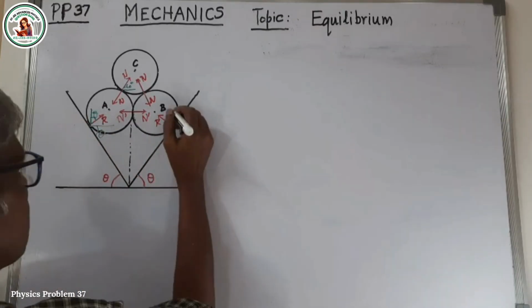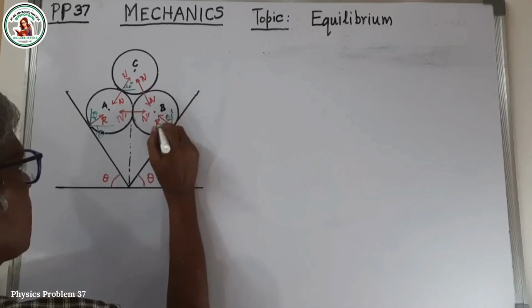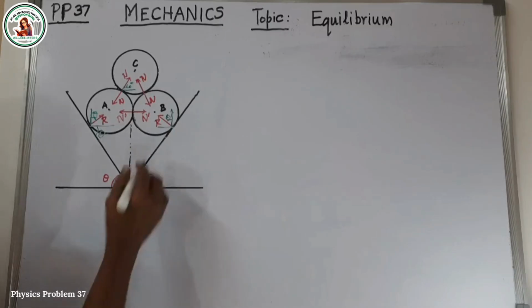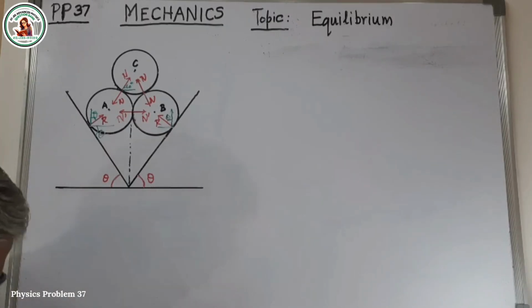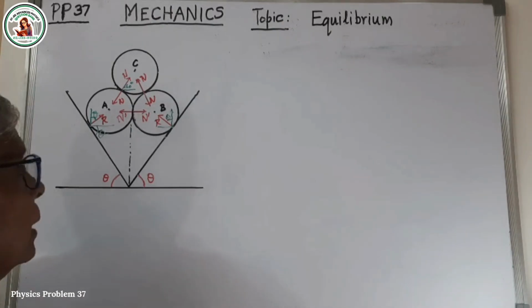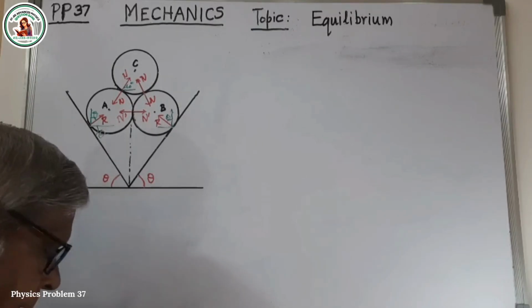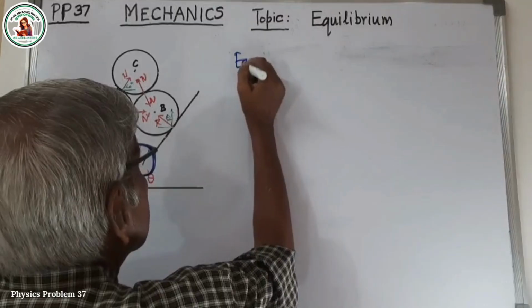Also the same on the other side. Now we apply the equilibrium equations under the condition that N dash is equal to 0.